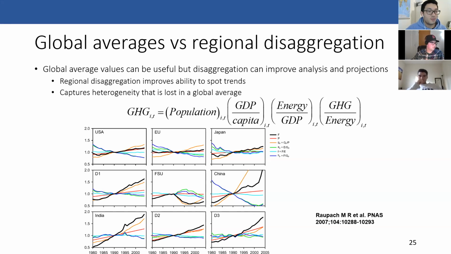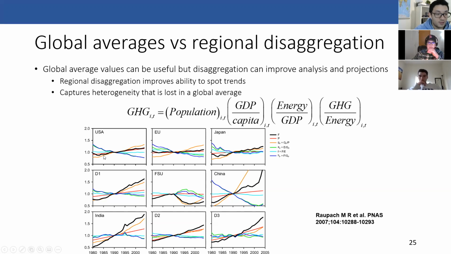Global averages versus regional disaggregation. Global average values can be useful, but if you want to do some disaggregation, that's still possible, where you break these Kaya identity measures down by this index i, which is for each of your different regions. This is an example of application of your Kaya identity across a bunch of different countries and regions, and it comes out of a famous paper in PNAS.